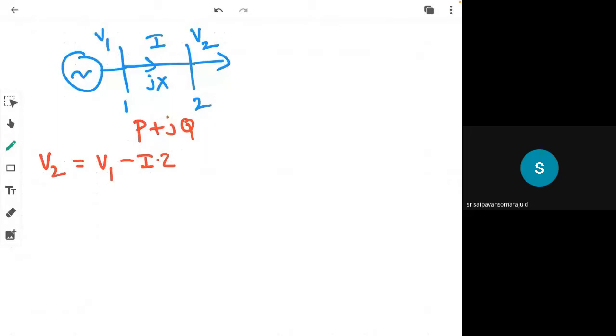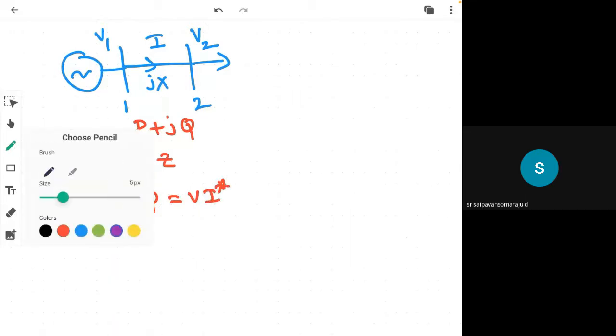S is the complex power, that is equal to P plus JQ, that is equal to V I conjugate.